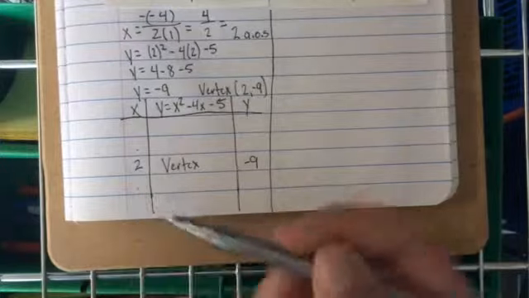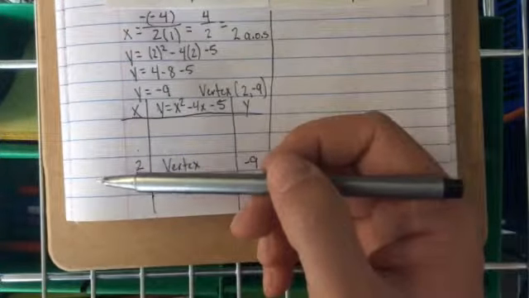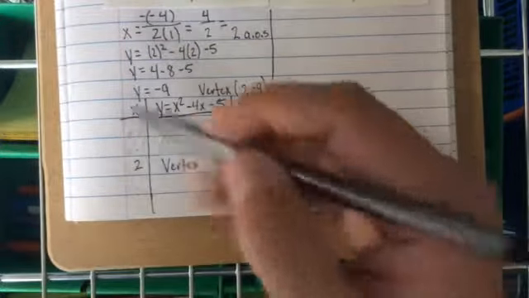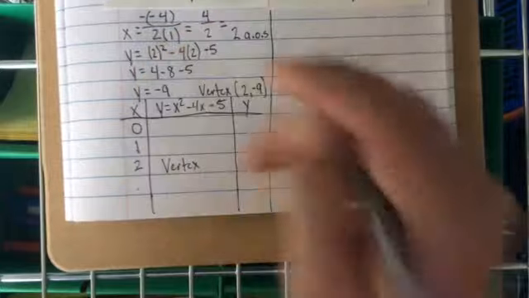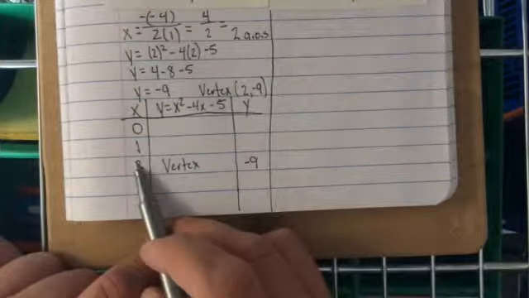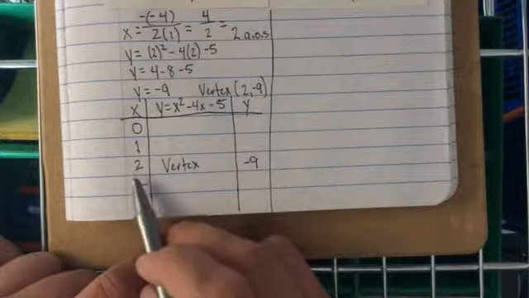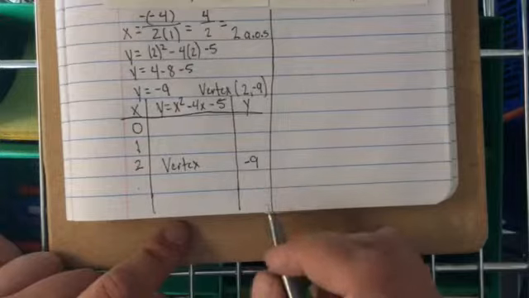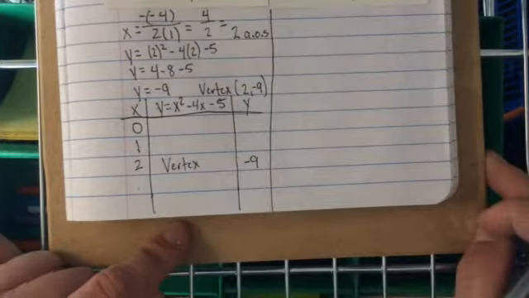So if we're going left on a number line and we started at 2, what's 1 to the left of 2? 1. What's 1 to the left of 1? 0. So we're going to use 0 and 1, the values to the left of the vertex, and get us y values. Let's start with 0, because that'll be pretty easy to find what the y value will be.